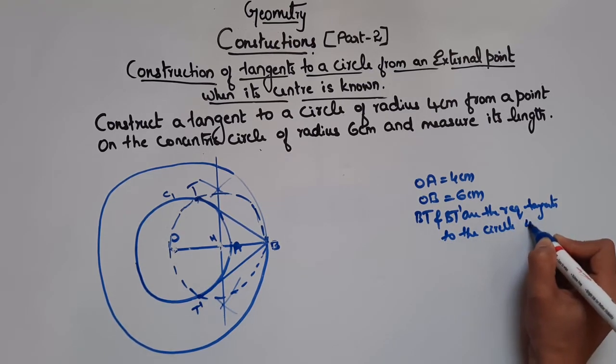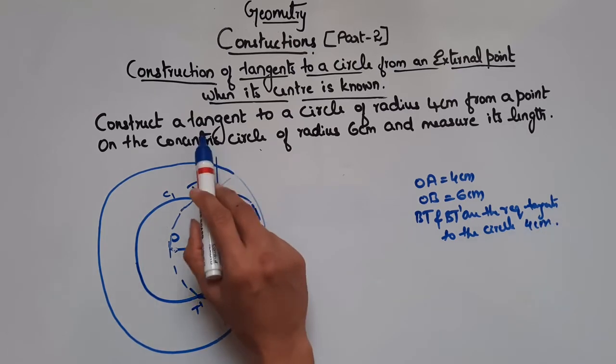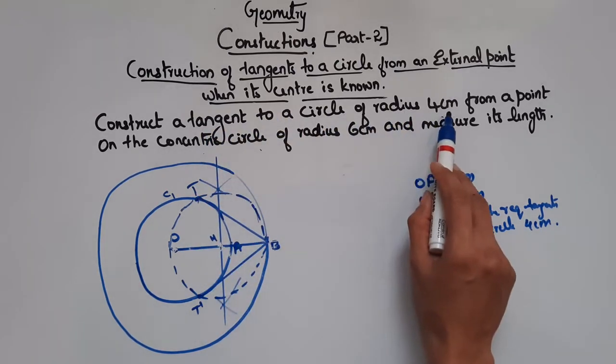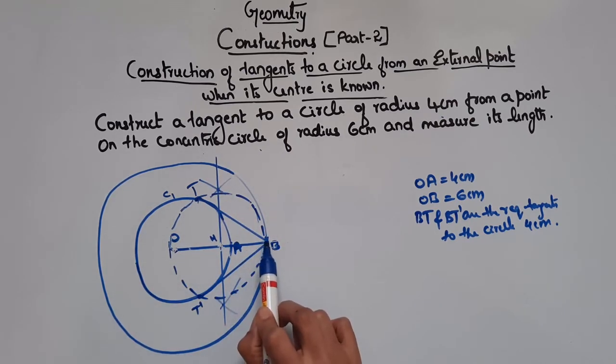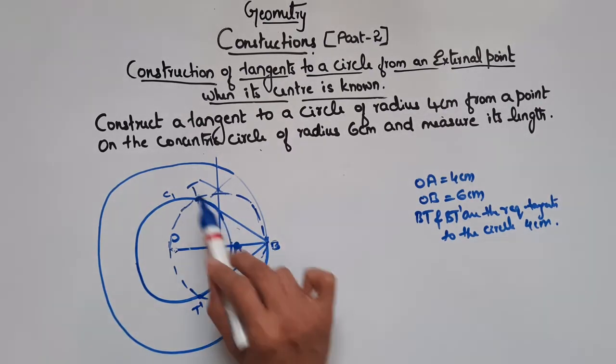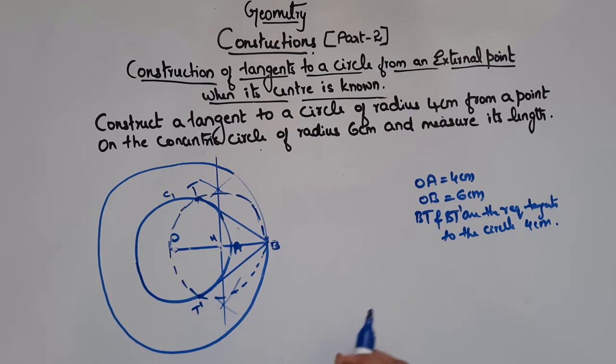That is of radius 4 cm. So we wanted a tangent to a circle of radius 4 cm from a point on the concentric circle of radius 6 cm, that is point B. So we have two tangents BT and BT dash. I hope this is clear.